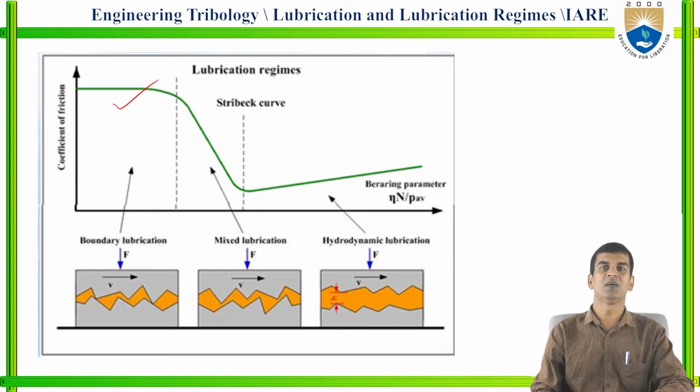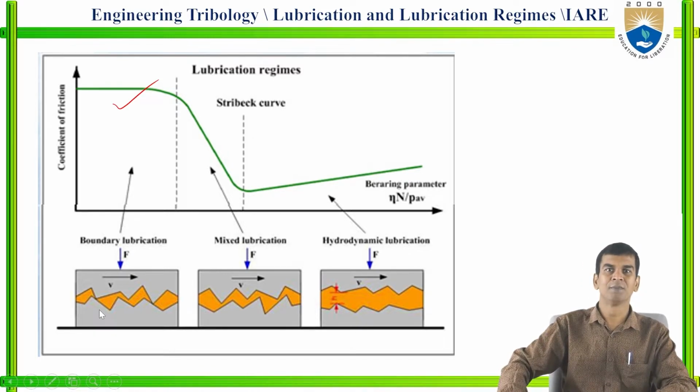You can also see the representation in the lower part. Here, in boundary lubrication, you have less space between the contact surfaces, and at some points contact will be there. In mixed lubrication, somewhere you have more space and at some points you have less space, because of which it is a mixed lubrication system.